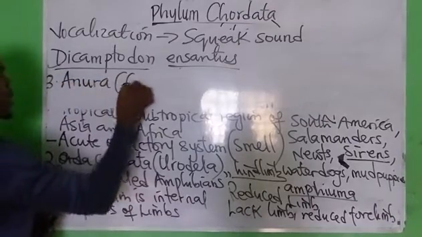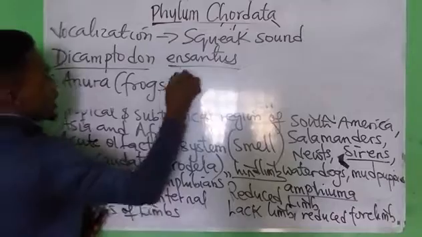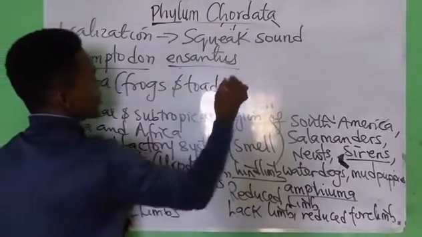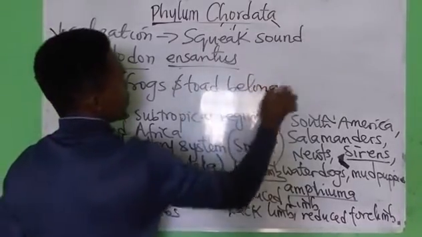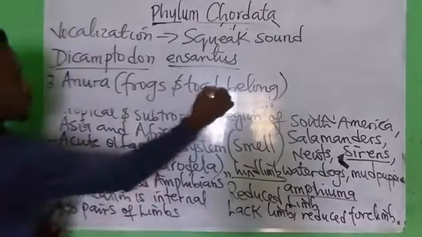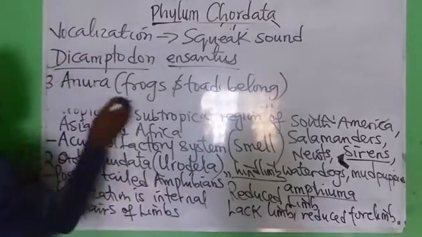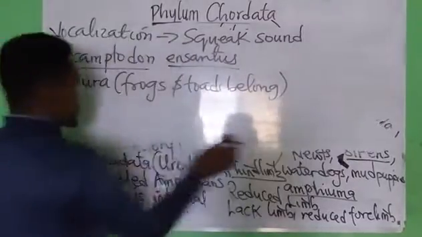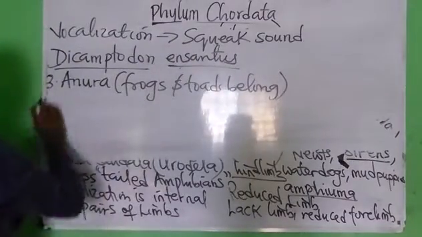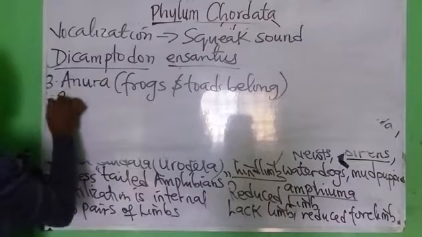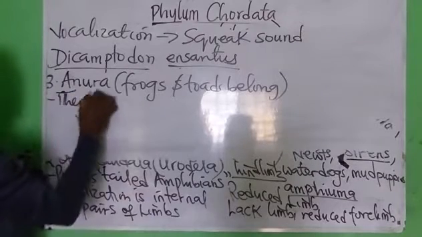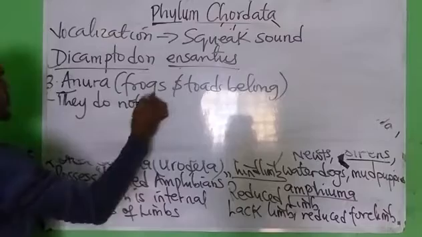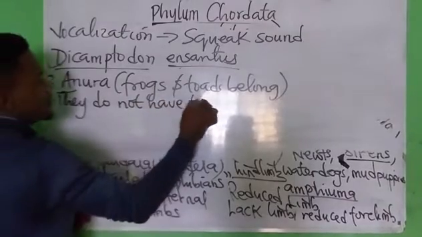Anura. This is where the frogs and toads belong. All right? Frogs and toads belong to this order, order Anura. Now these organisms, they are tailless. They do not have a tail.